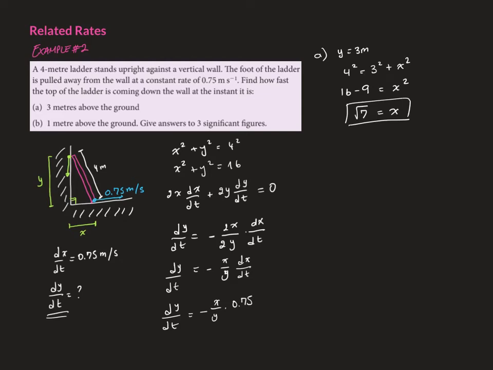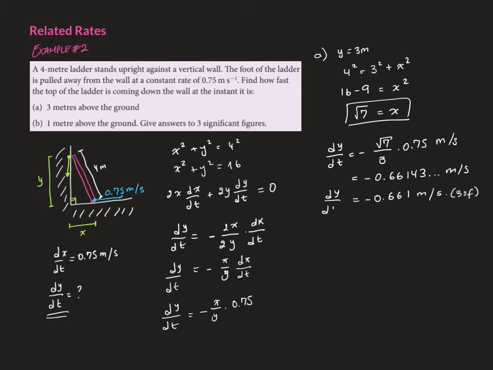So substituting these values, we get the derivative of y with respect to t is minus root 7 divided by 3 times 0.75, and the units would be meters per second. That is equal to minus 0.66143, etc. meters per second, and rounding to 3 significant figures, minus 0.661 meters per second.